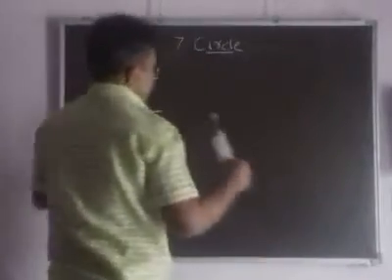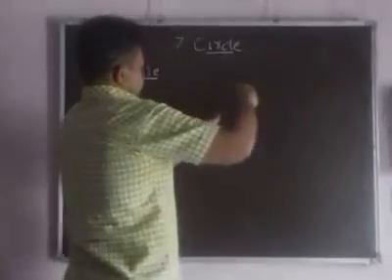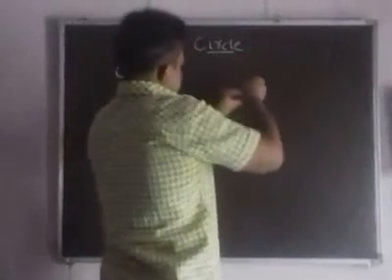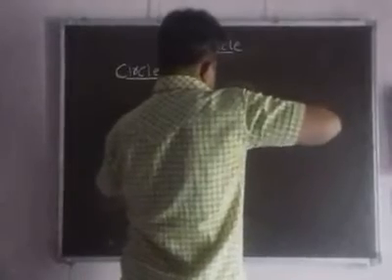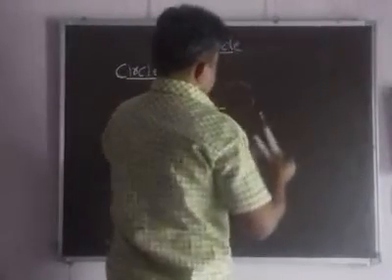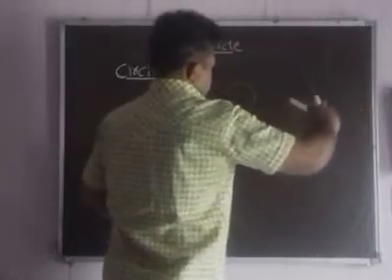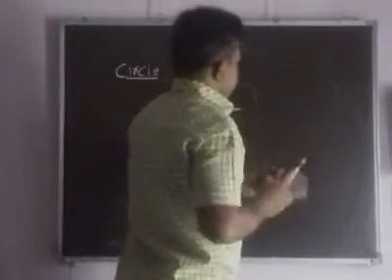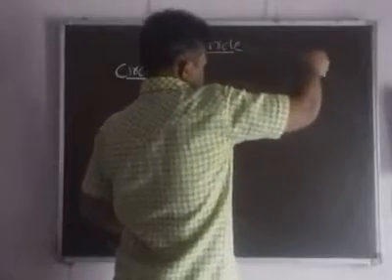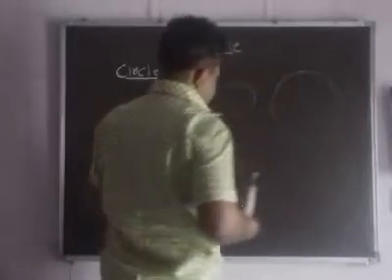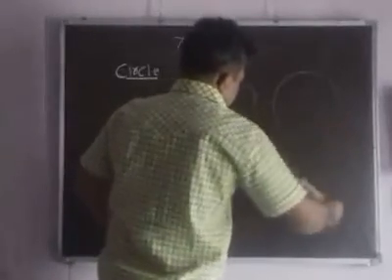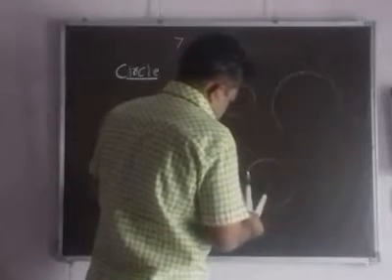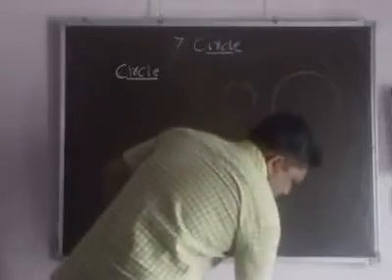For any circle, suppose there are so many circles. One relation has been found here. What is the relation?